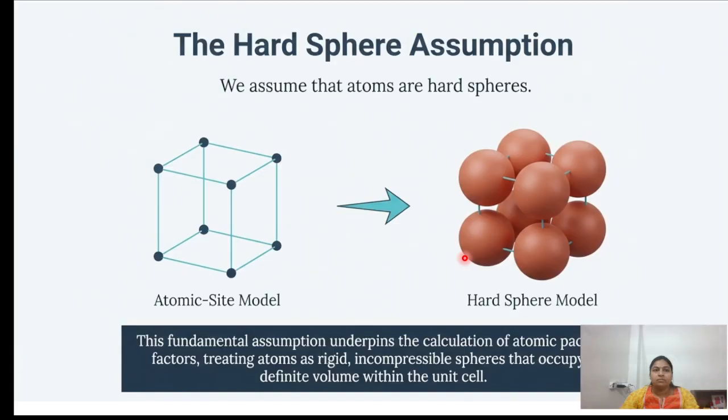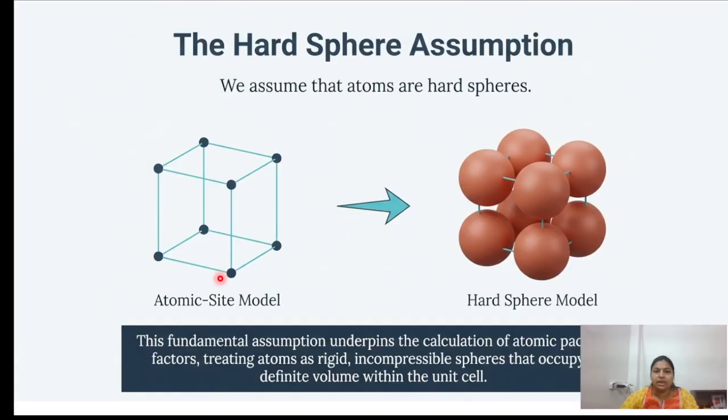So we make the hard sphere assumption. We assume that atoms are hard spheres, closely packed, and this is the hard sphere model. In the atomic model we can also see that atoms have their bonding.